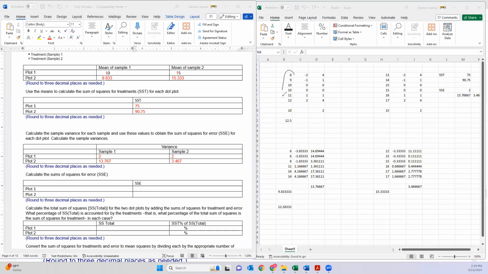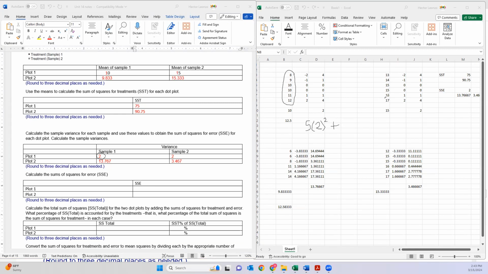So first of all, I see how many numbers were there in plot 1, sample 1? 6 numbers. For this one, I'm going to do one less. So let me go 5 times my variance of sample 1, which is 2 squared. See that?